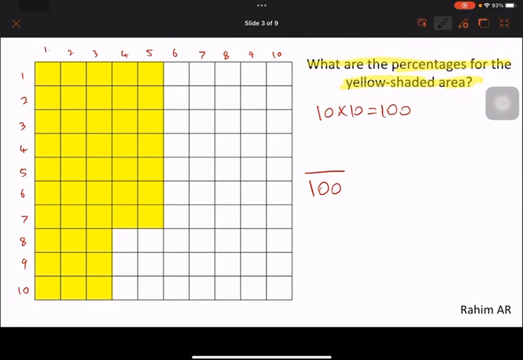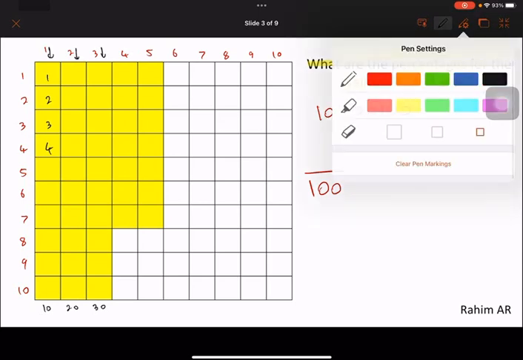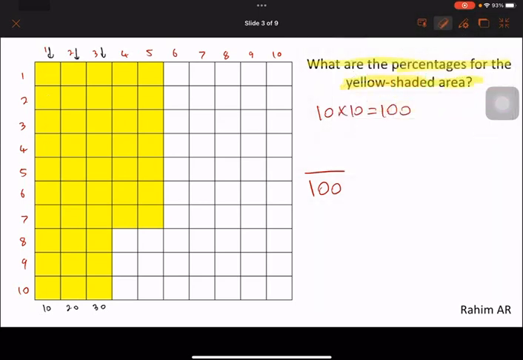Since the first, second, and third columns are fully shaded with yellow, we know it is 10, 20, 30. Do not waste your time counting one by one like this, 1, 2, 3, 4. There is no need to count one by one.